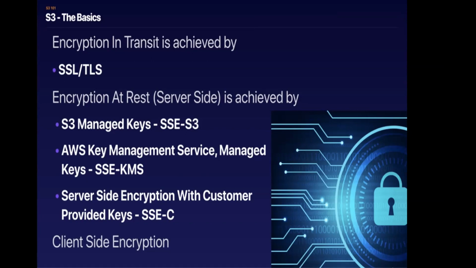In server-side encryption, we have three different types: server-side encryption by S3, AWS Key Management Service, and customer-provided keys, where we as a customer provide the key to encrypt the data. And the last is client-side encryption, where the customers encrypt the data first on the local computer, and then upload to Amazon S3.